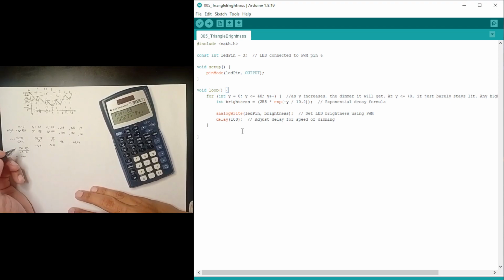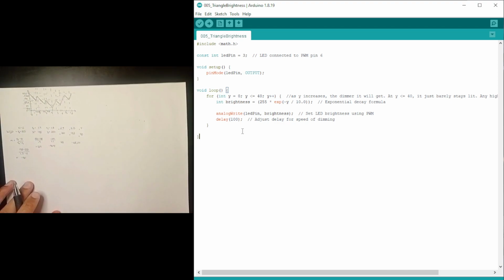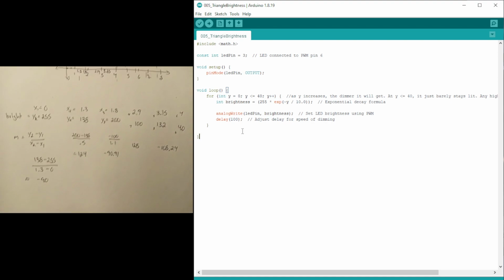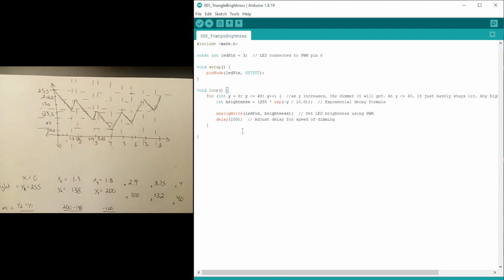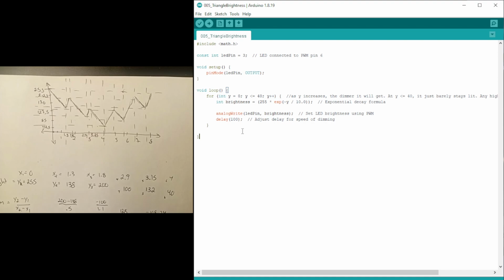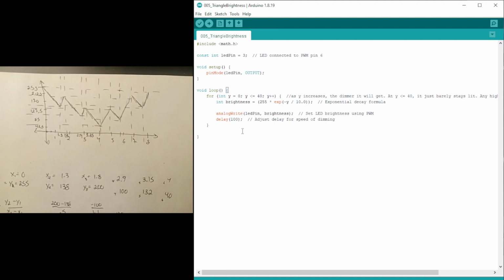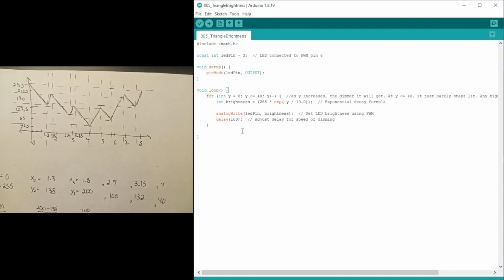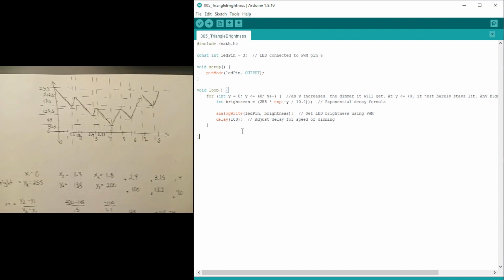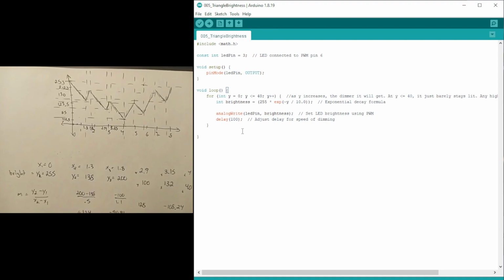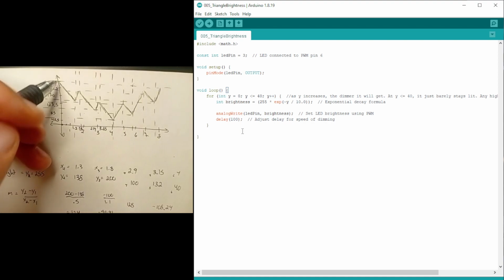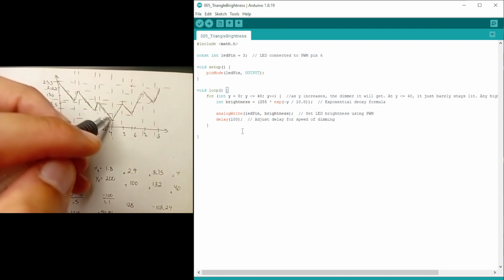Okay, to clarify what the numbers I put are. So here is the graph. It's going to go from 255 down, then up, then down, then up, then down, then up.